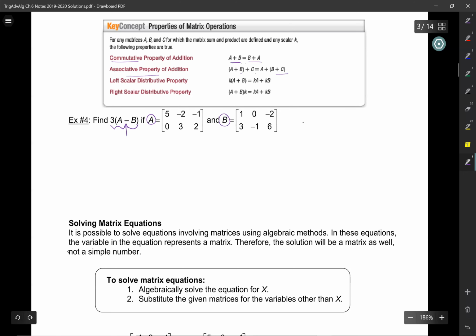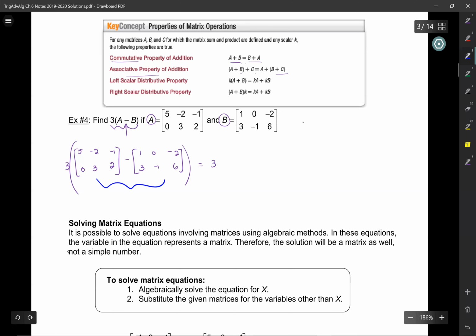So here we're going to do 3 times matrix A minus matrix B.